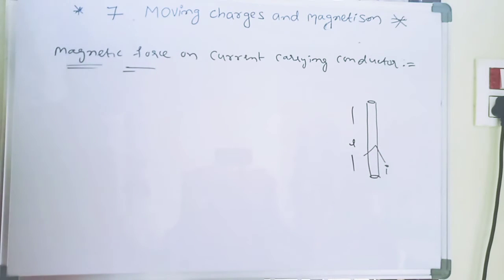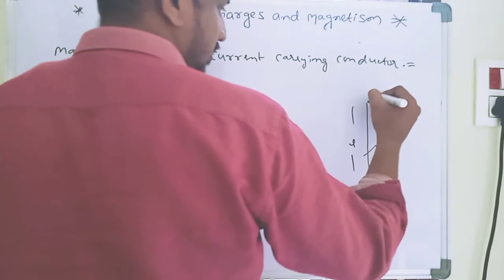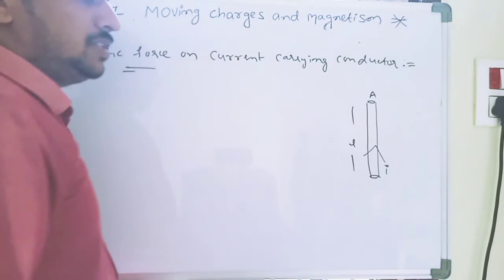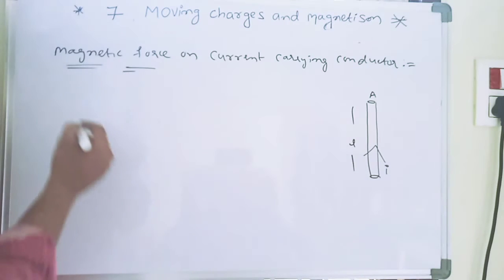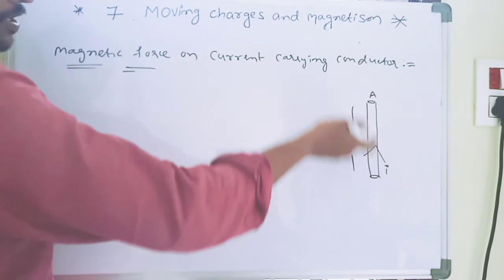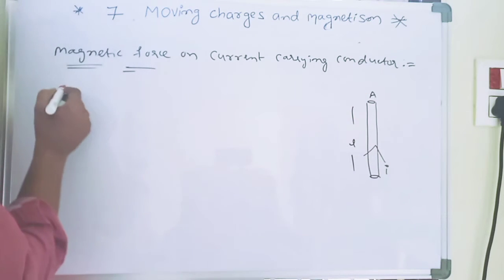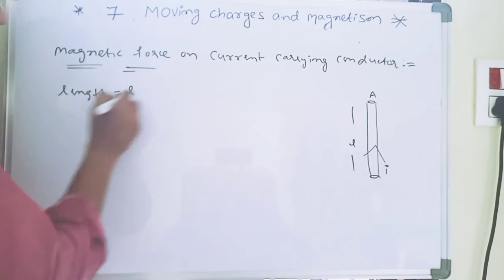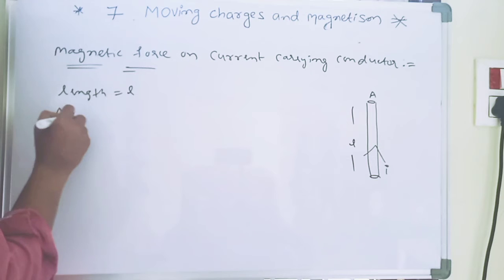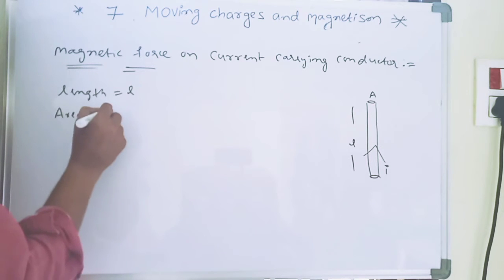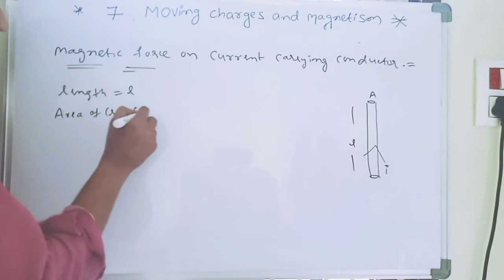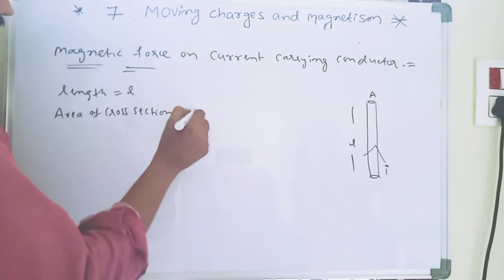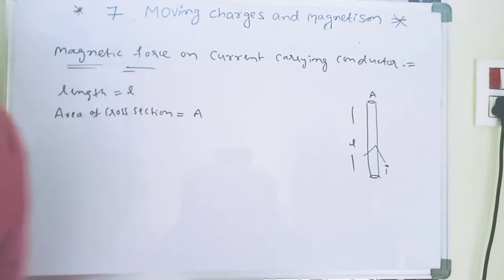The conductor length is L and the area of cross section is A.